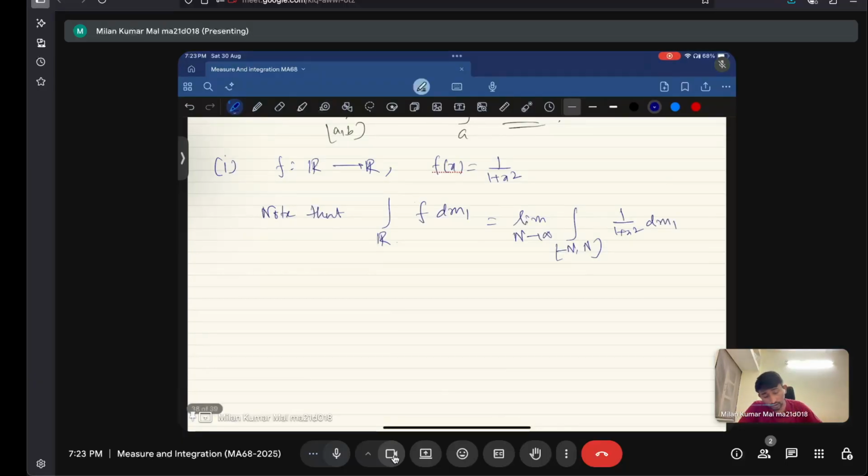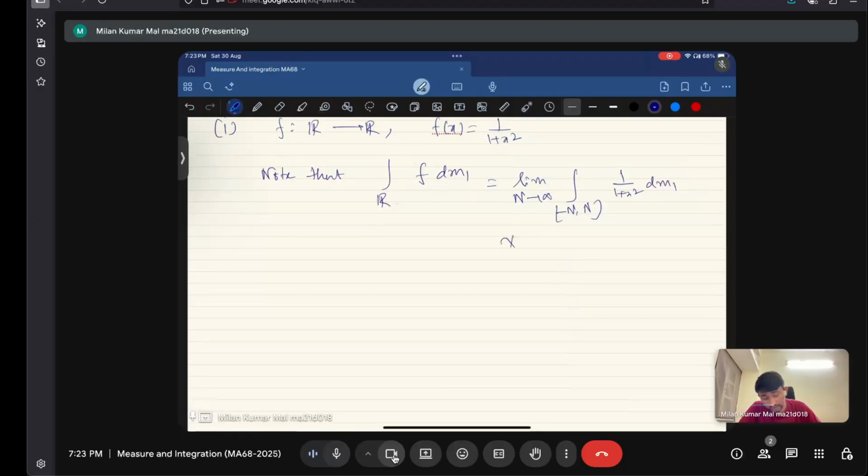Because you know that the characteristic function of the interval minus n to n, for every natural number n, converges to the constant function 1 as n tends to infinity. So this is what we will have.